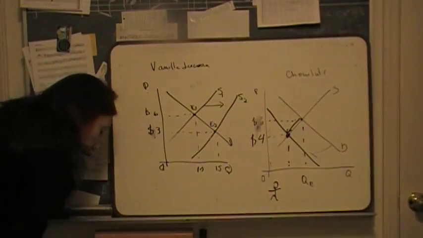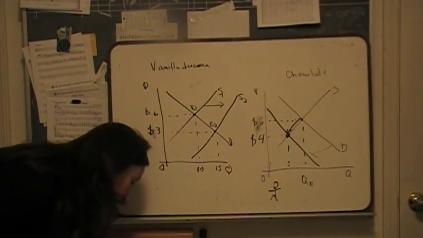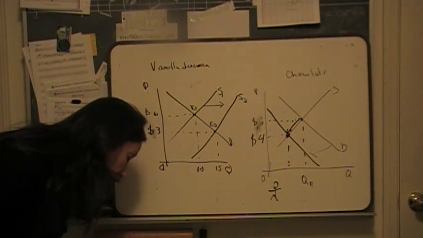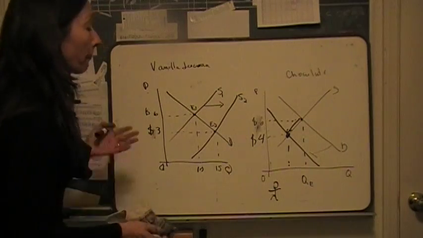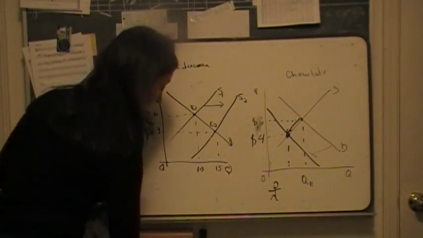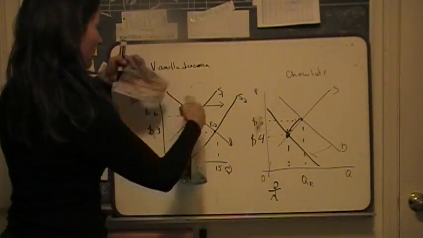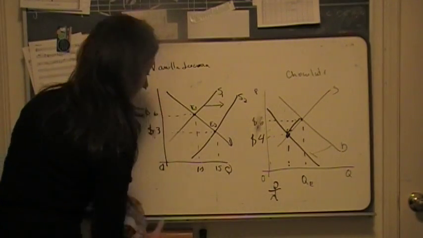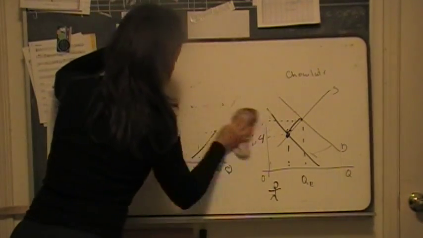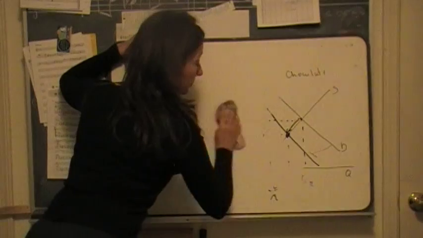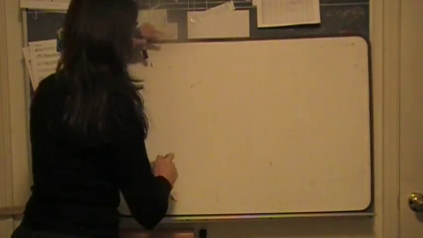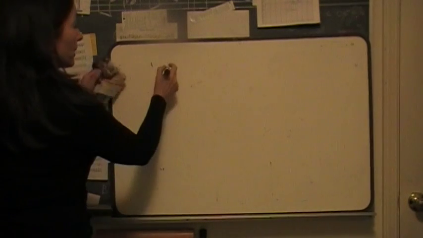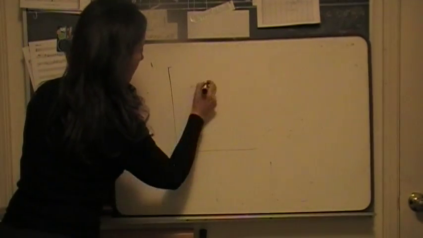And then 1D is a new technology for mixing and freezing ice cream lowers manufacturers' cost of producing chocolate ice cream. Well, that one is very much like what happens to vanilla ice cream. It says that there's a change in technology. A change in technology is going to increase the supply curve.